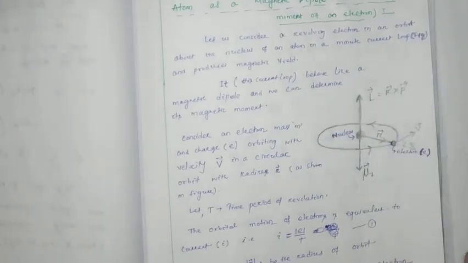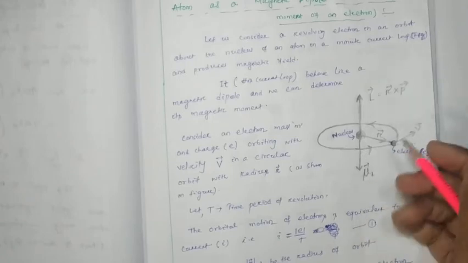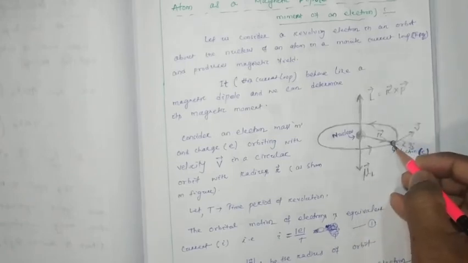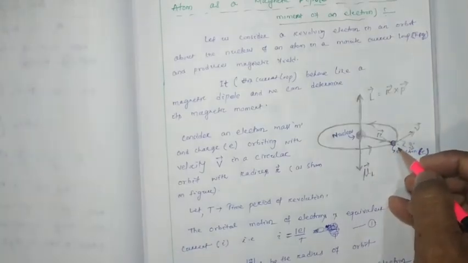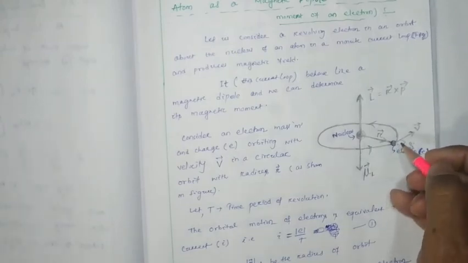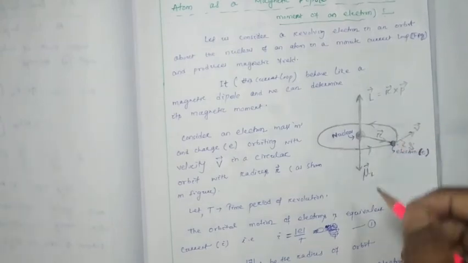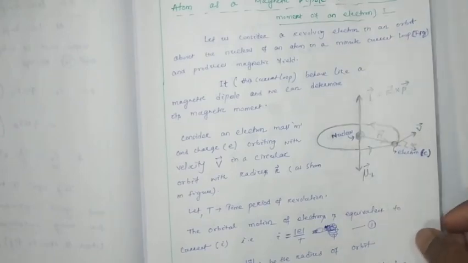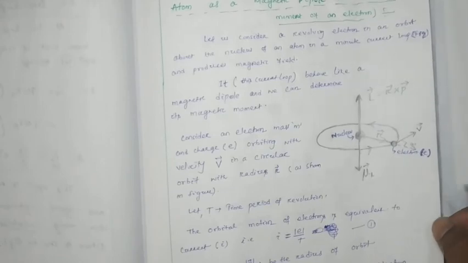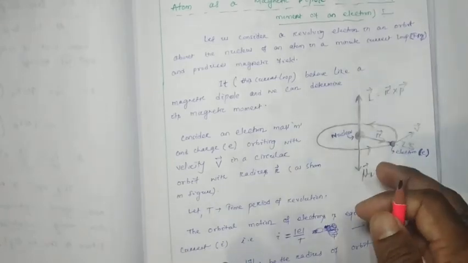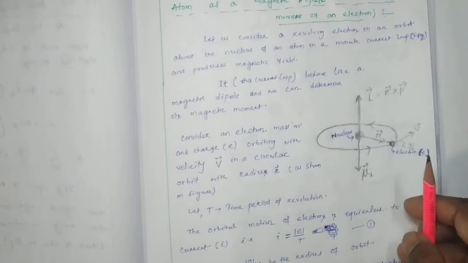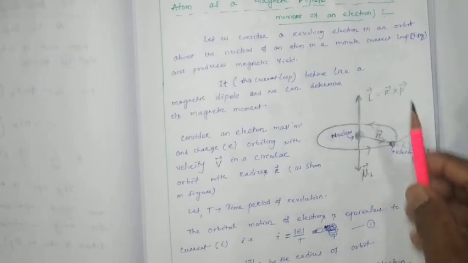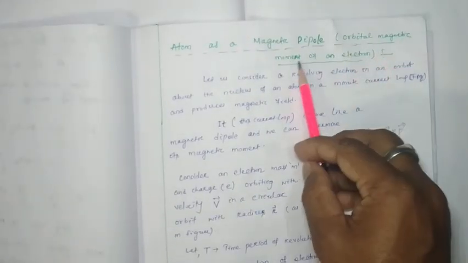Likewise, if we consider the spin of the electron, we can also get the spin magnetic moment. Here we are not considering it. In our following classes we will consider it, but this video is only for the orbital magnetic moment of an electron.